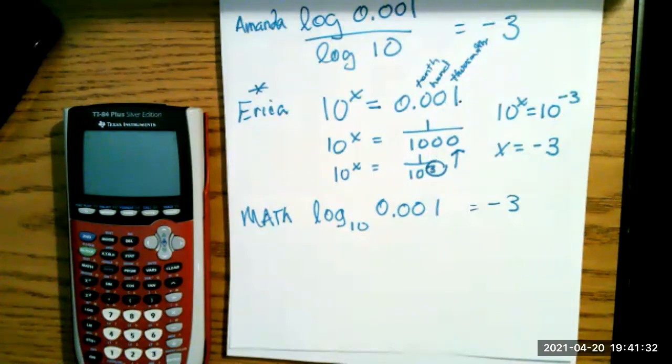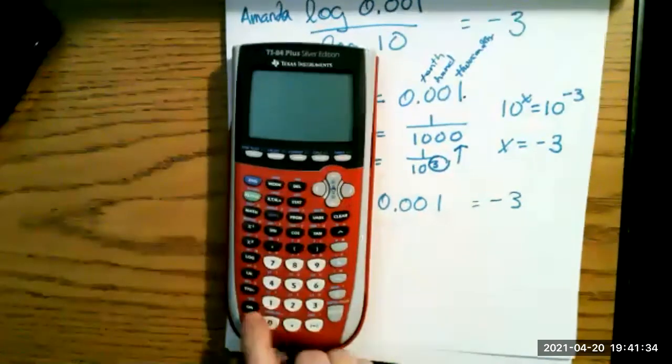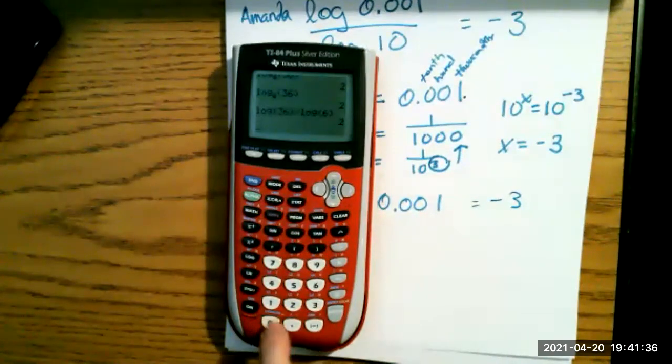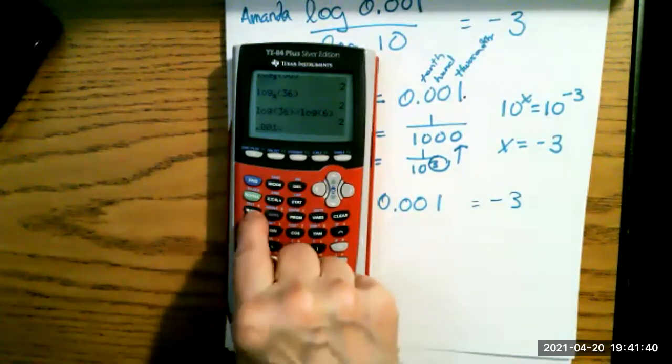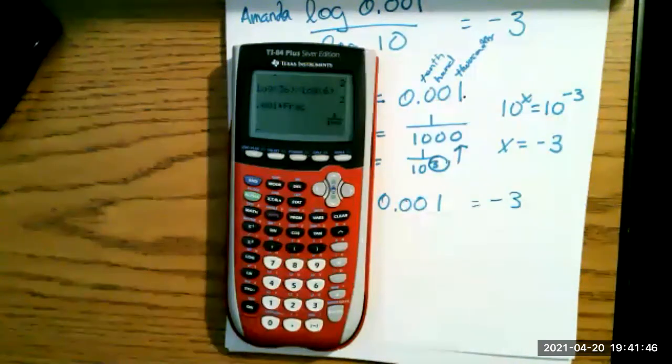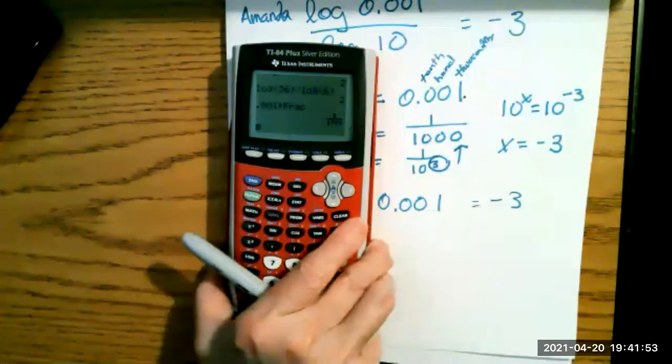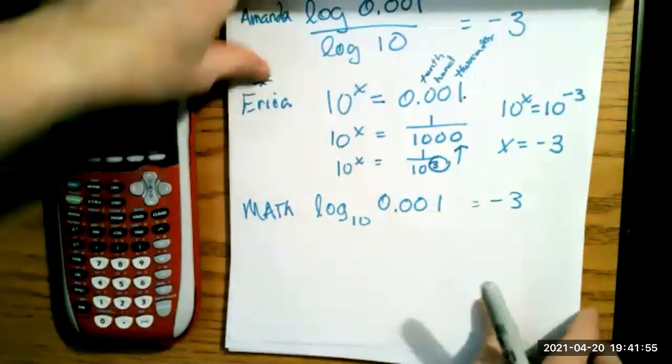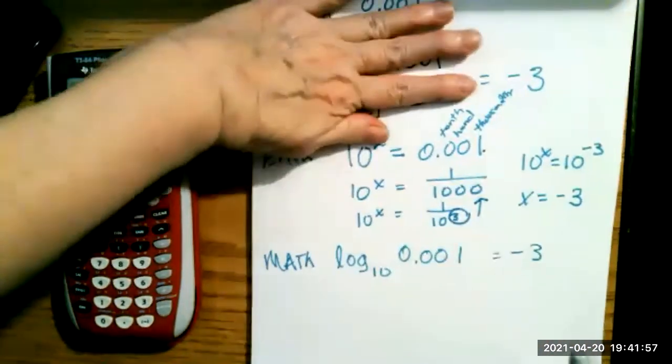In fact, I think you can do it on your calculator. Let's see, 0.001. If you go to math and go to that fraction key right there, it'll change it to 1/1000 for you. Okay, we'll do some more of those. So at least you can do it this way and this way for this section for sure.